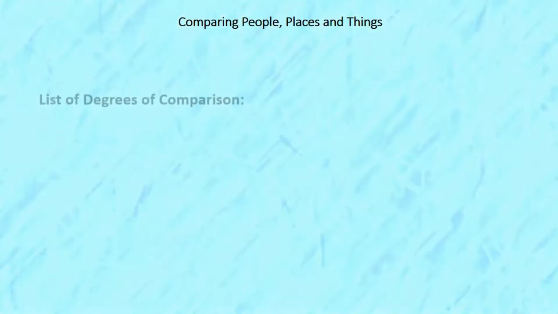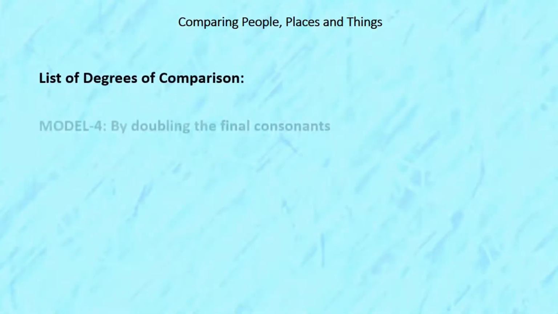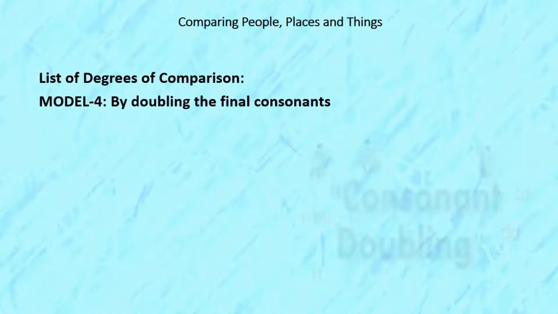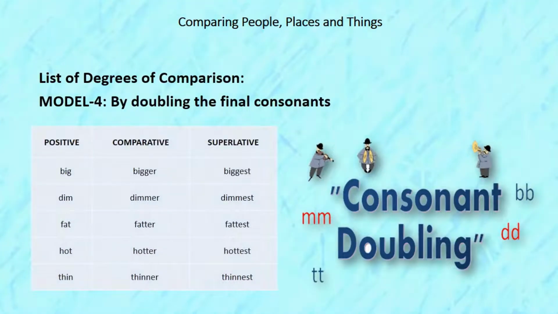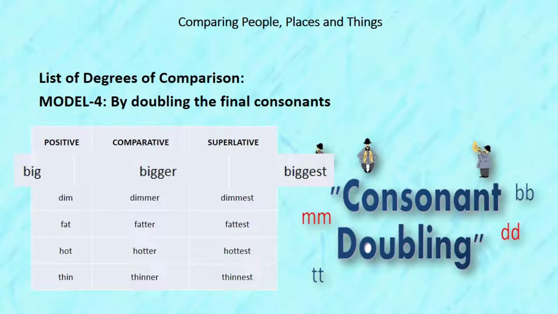In the fourth model, we find that the words of the positive degree double their consonant. That is, the letter with which it ends is used again. For example, big becomes bigger with the usage of 2 G's and an addition of ER.